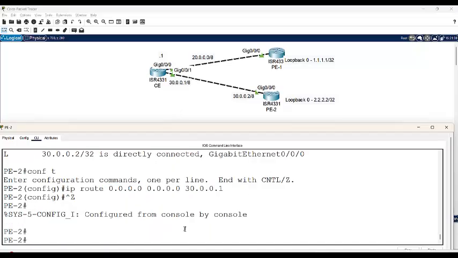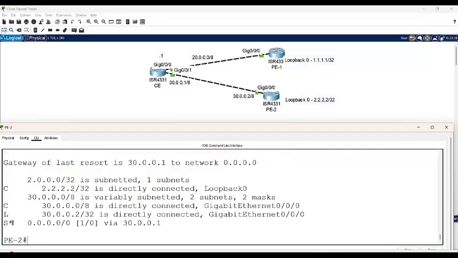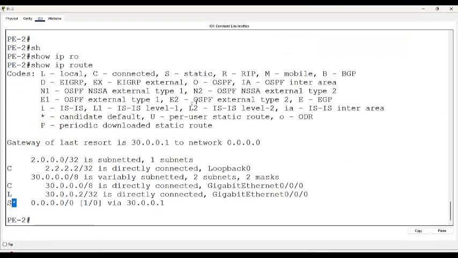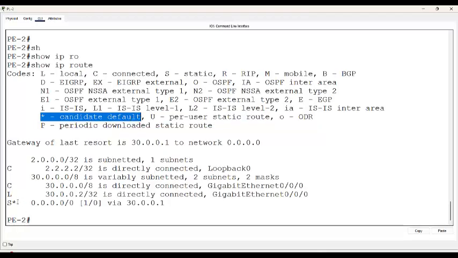Now let's check the routing table. Show IP route. Look at this. S star. Star means default candidate. What does that mean? Any, sir, means anything. If I ping 2.2.2.2, it will match here. Sorry, 2 is connected.